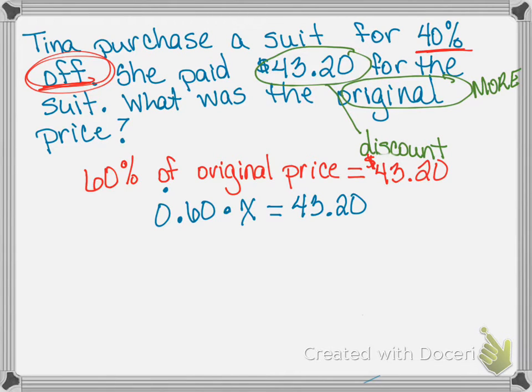That's the equation. I'm going to give you about 1 minute to do that equation. And the hint I'm going to give you: multiply both sides by 100 to get rid of those decimals.